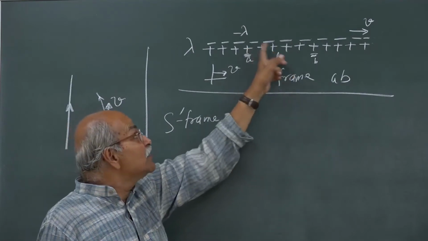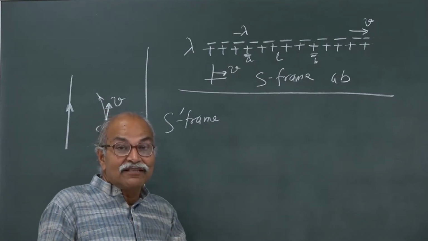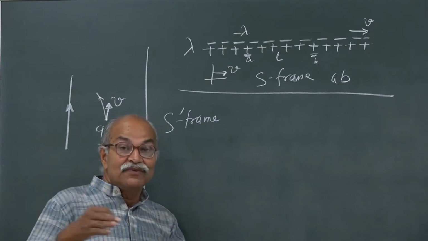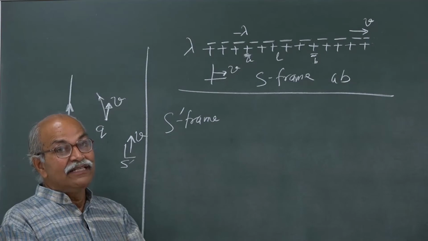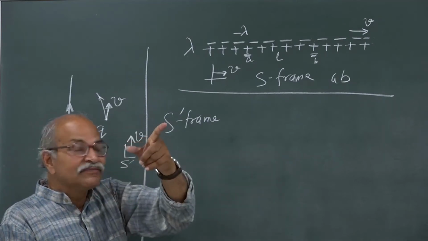But the charge between these 2 points is still lambda times L, and the length has decreased by a factor square root of 1 minus v square by c square. So, what happened to lambda, the linear charge density? That increases by gamma.